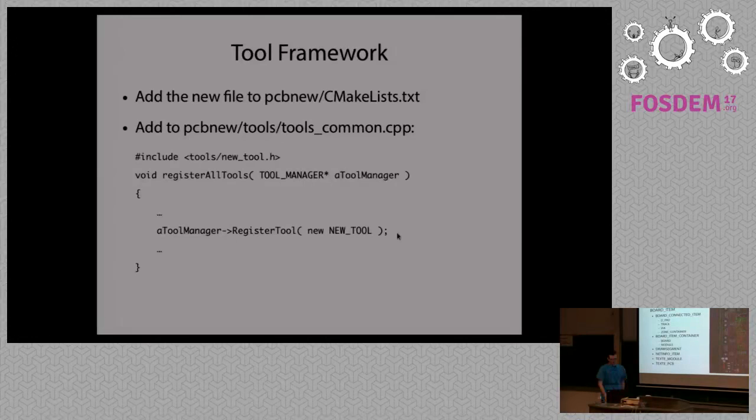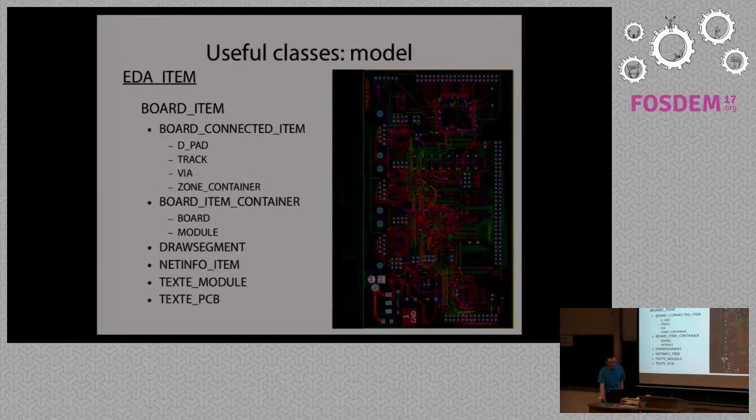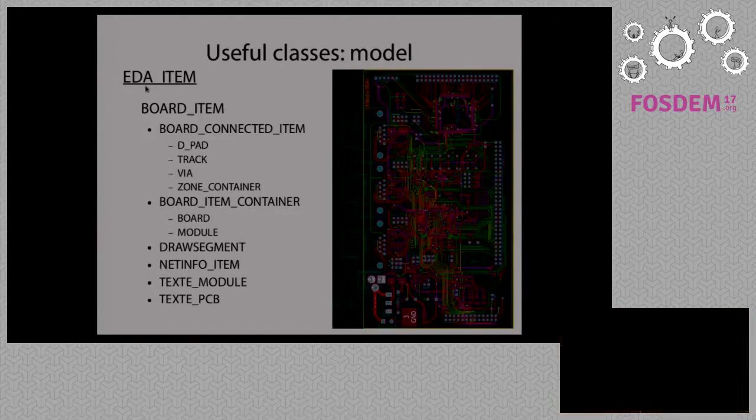About useful classes, everything in KiCad that you can modify, I mean the model, is based on EDA item. It's a quite vast hierarchy. So here I can only show you the items related to layout.